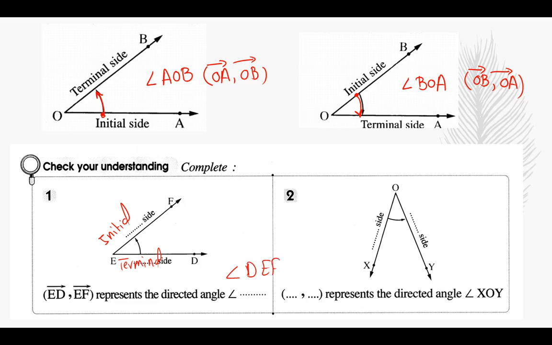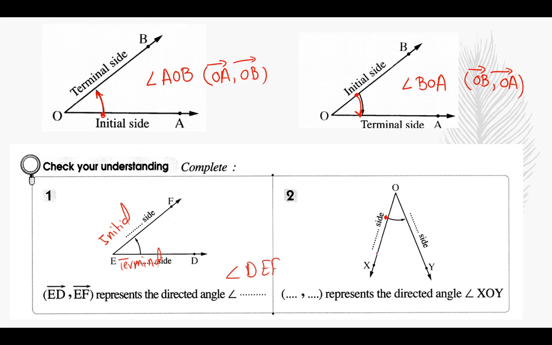Okay, in figure 2 here the angle is called angle XOY. Look at the direction of the arrow. Here, this is the starting point, and this is the ending point.